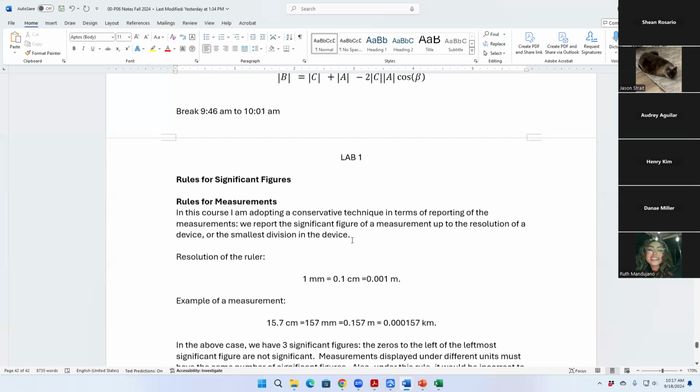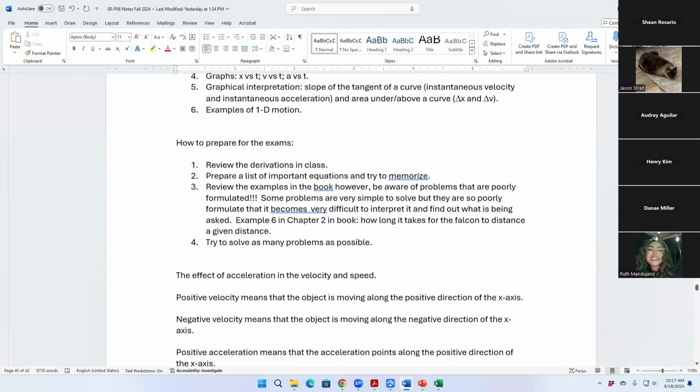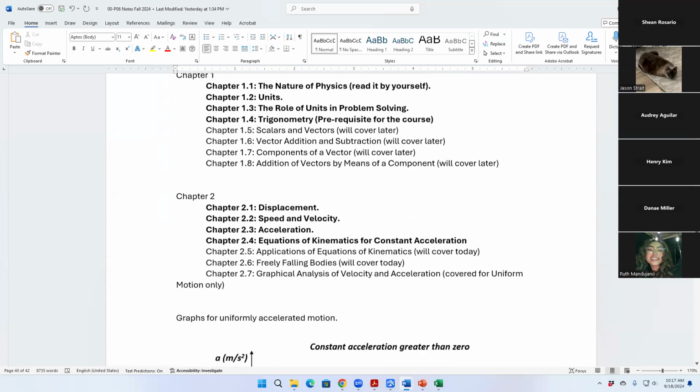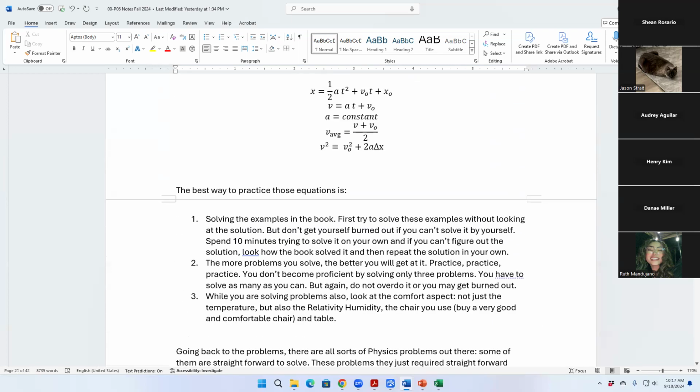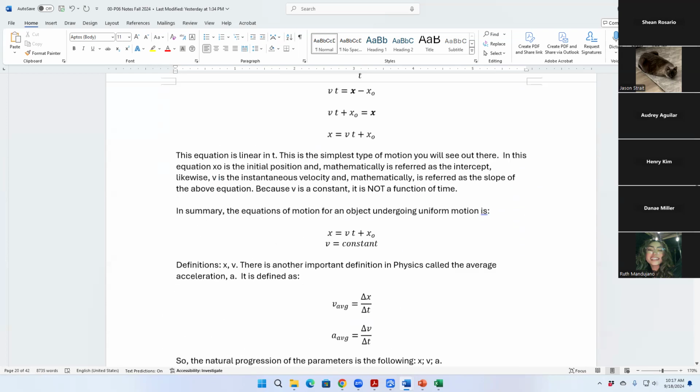Did I cover that? I don't think I did. Rules for results. So what I have covered so far is just a summary, a review of what we did last time.